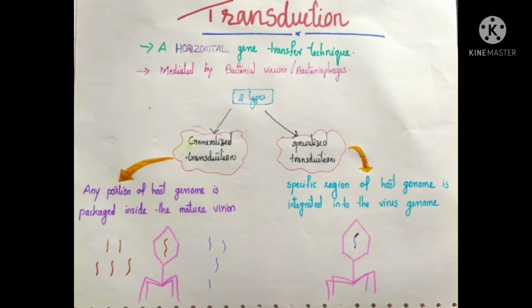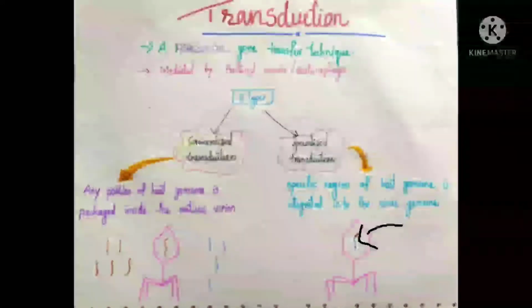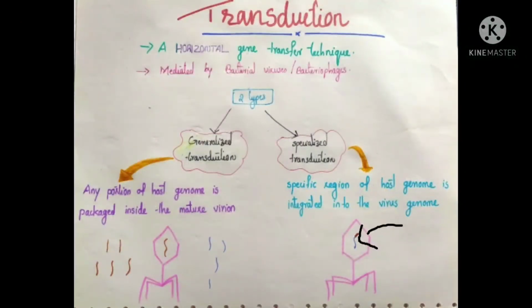But in specialized transduction, only a specific region of the host genome is integrated into the virus genome, and then it is packaged inside a mature virion. So along with the virus genome, a small portion of the host genome is incorporated into the mature virion head. That is the main difference between generalized and specialized transduction.